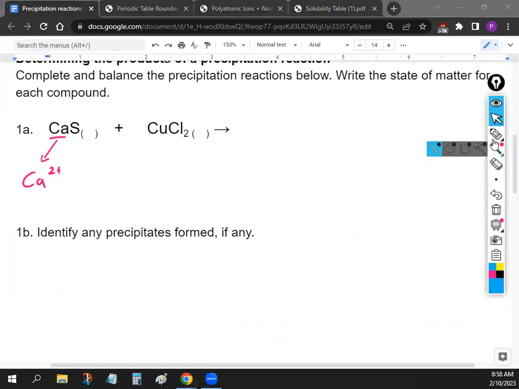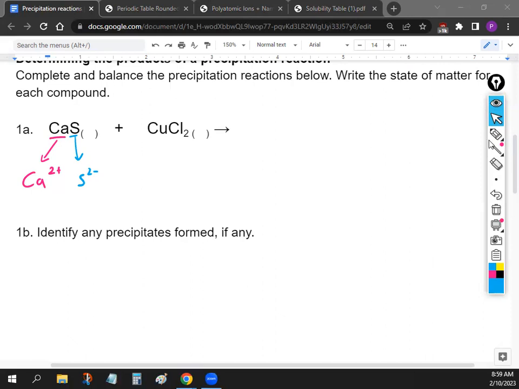Okay, so that means that S is going to be the anion. And what is the charge on S? -2, yeah. So again, you can look on the periodic table or on your solubility table. You can also figure out, hey, there's one of each, so they balance each other out. One of them is +2, so the other one has to be -2. Okay. So far, so good?